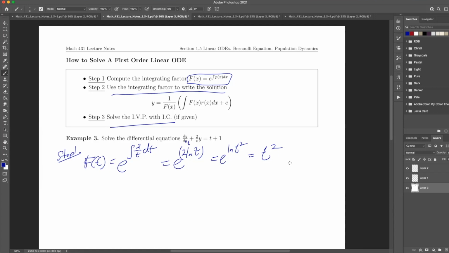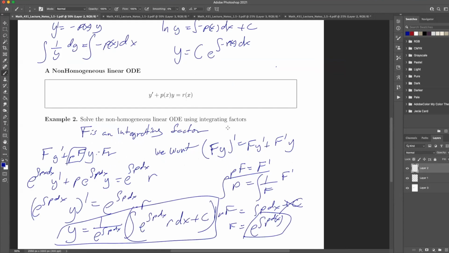Excuse me? Yes. How do we know what to put in the integral? Is it just whatever is next to the y? Yeah, whatever's next to the y. It's always going to come in this form. You have y prime with nothing on it. If there's something on it, just divide it out. Then if it's linear, this will be only a function of x, and this will only be a function of x, and we only have a single y here.